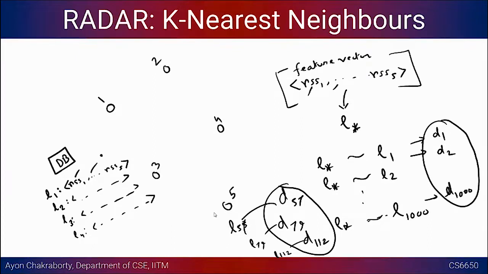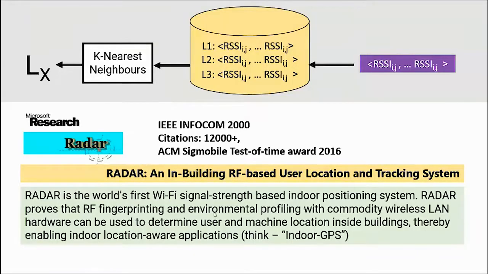So this is not using any parametric distribution per se, but simply a non-parametric approach like k nearest neighbors. I would highly recommend reading this paper if you want to gain insight into how a fingerprinting database is applied for this localization system.